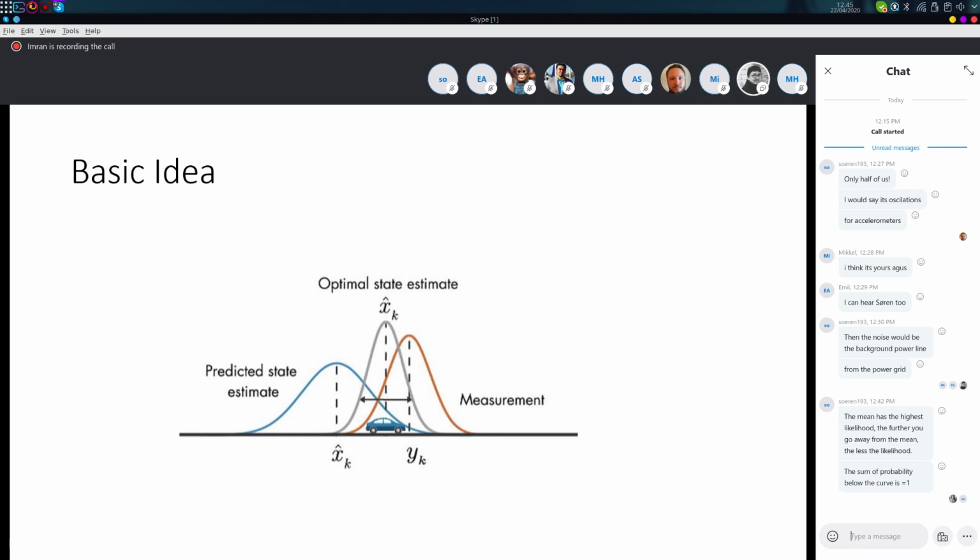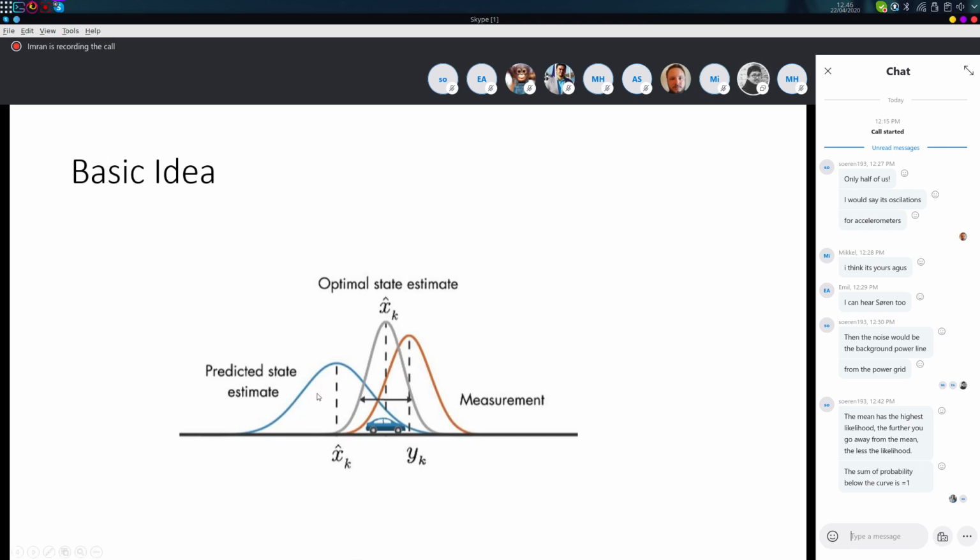If you remember the PDF of the Gaussian or normal distribution, I think it's equal to 1 divided by the square root of 2 times pi times covariance, and then times an exponential. I don't really remember it exactly, but it's an exponential function.